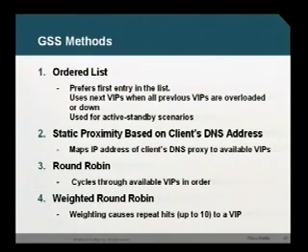Give out the answer for the first one. If the first answer goes down, then go to the second answer, and so on and so forth. That's the advantage of ordered list. It's a way to do active, passive, or warm standby, dynamic warm standby between the sites. So we are controlling that using DNS.